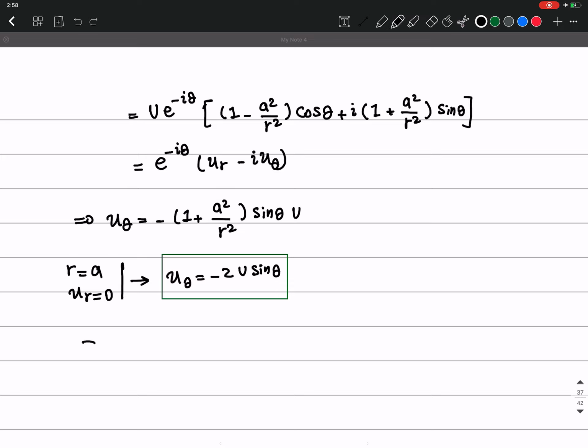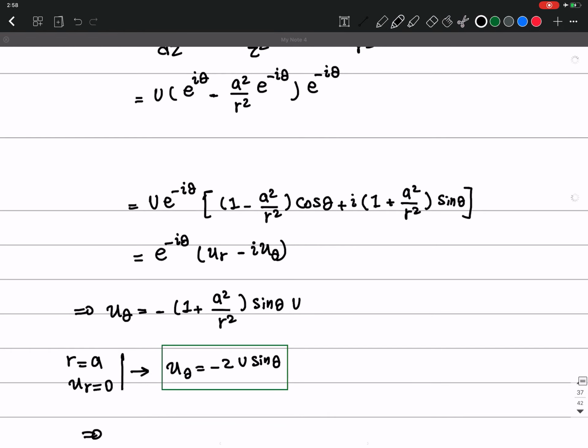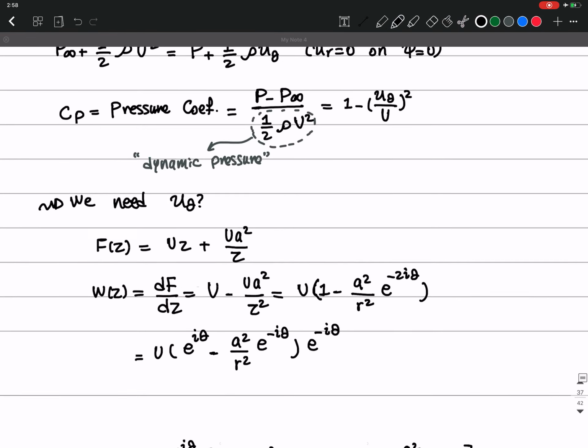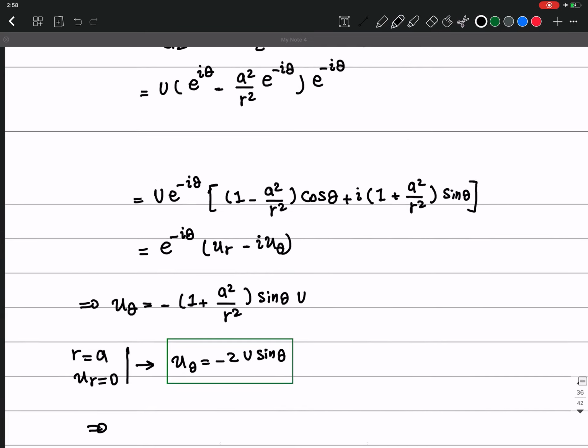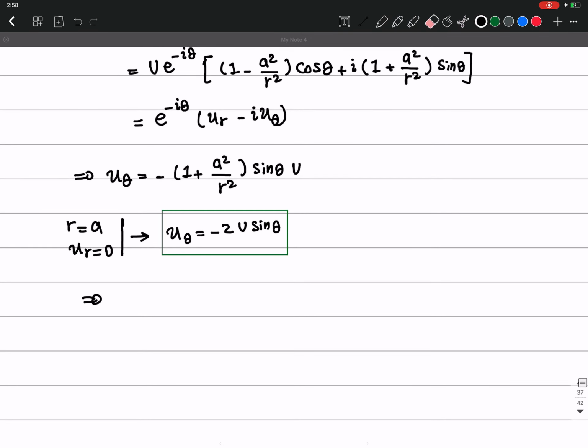So now we can simply find Cp here. What is Cp? Cp is 1 minus (U theta over U) squared, which is going to be what?